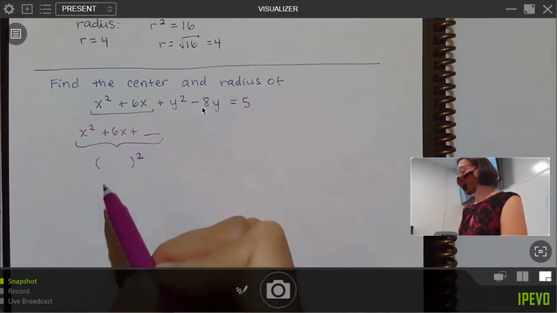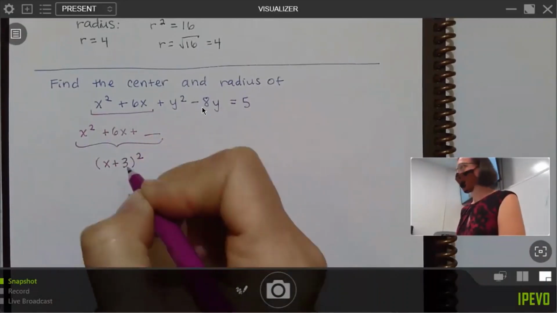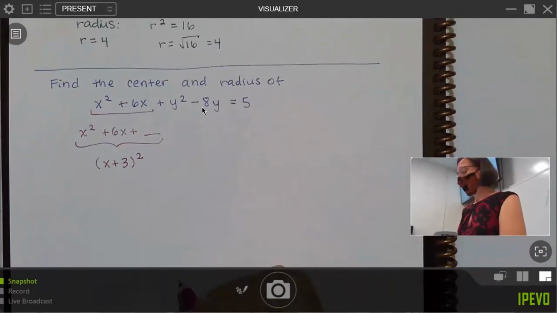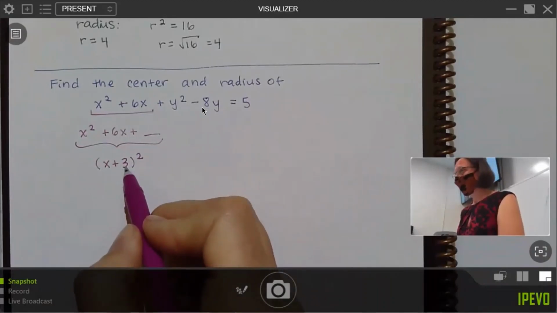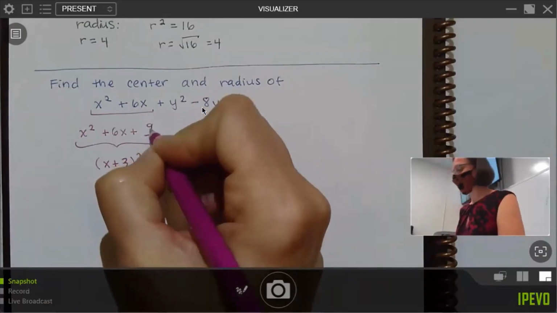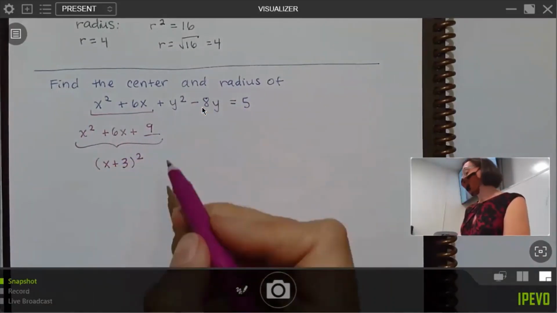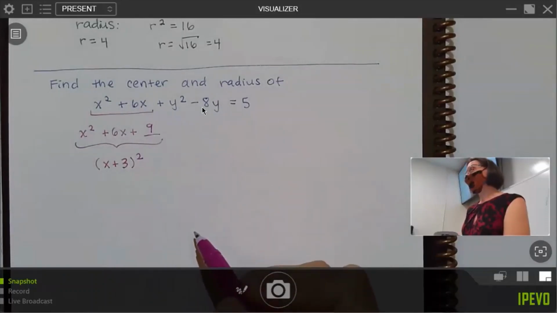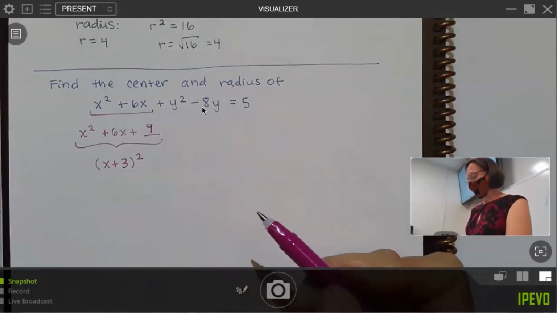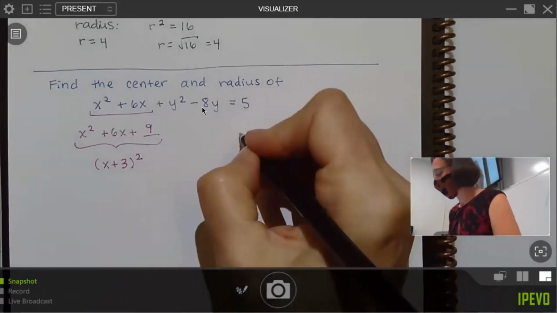So half of 6 gives me 3, and I'd have (x + 3). If I square the 3, I'd get 9. We did not have a 9 in the original problem, so in order to not change the problem, I am also going to add that 9 to the other side of my equal sign.